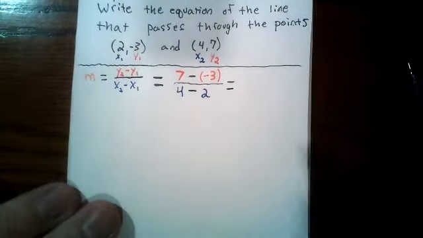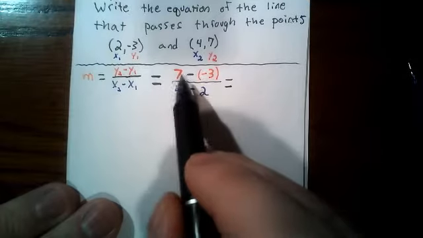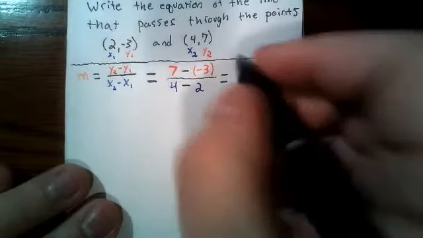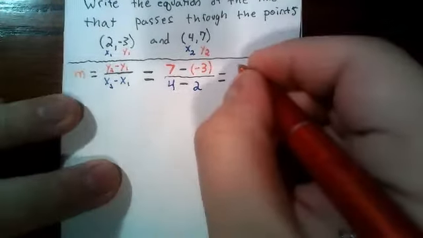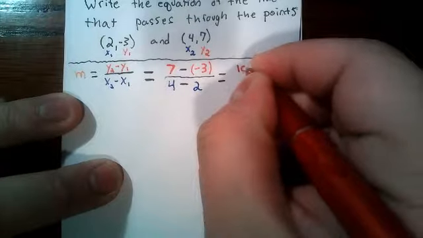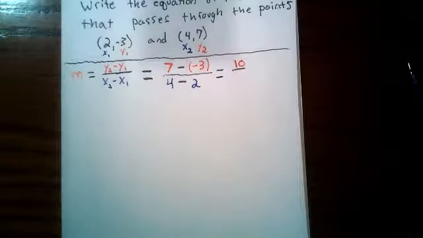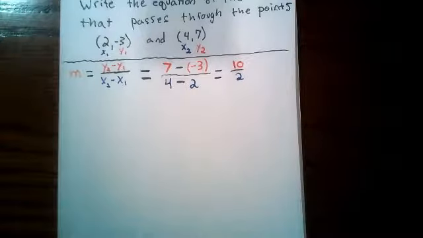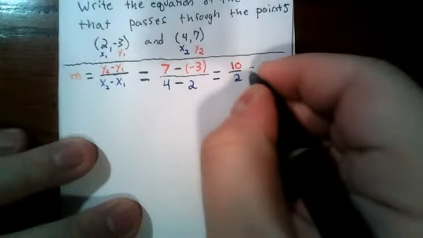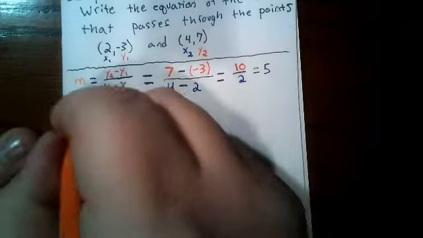That's just working with numbers and not variables. 7 minus -3 is really 7 plus 3, which is 10. Four minus 2 is just 2. And we can reduce 10 over 2 to be just 5. So my slope is 5.